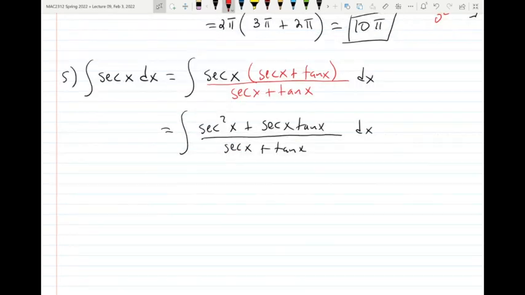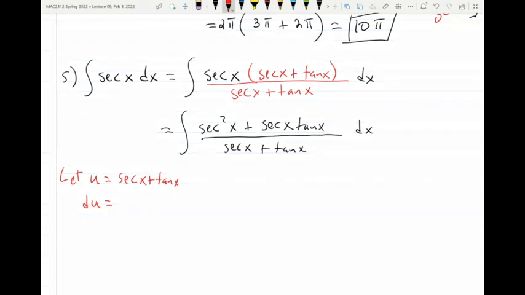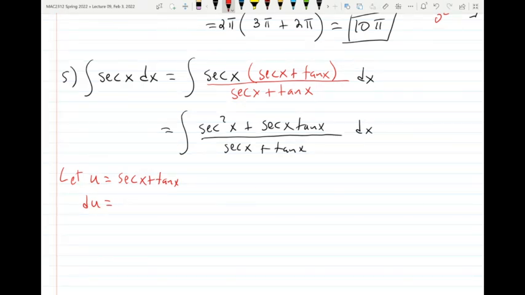Okay, now let's do the following. I'm going to make a substitution. Let u be secant plus tangent. What's the derivative of that? What's the derivative of secant? Secant tangent. And what's the derivative of tangent?